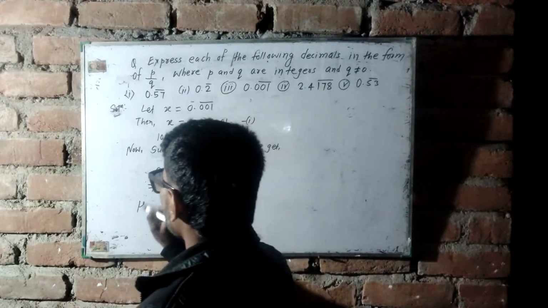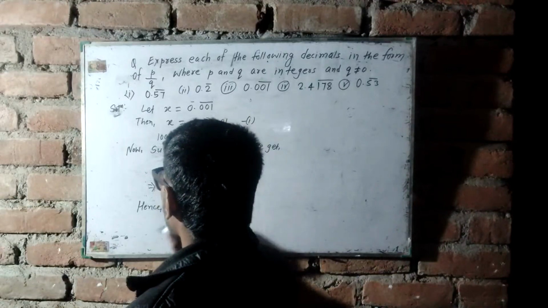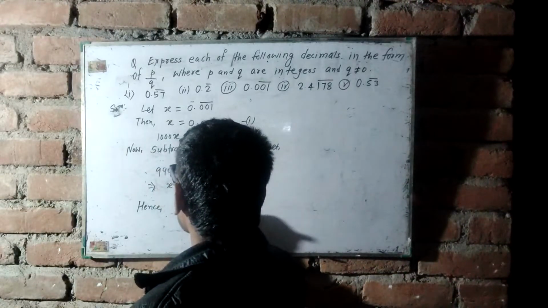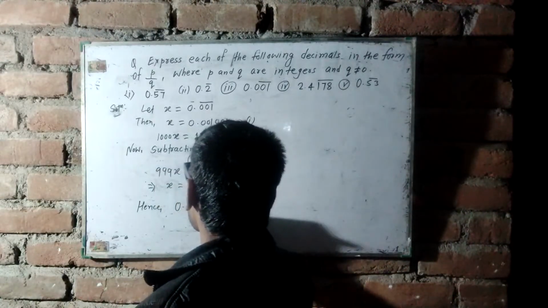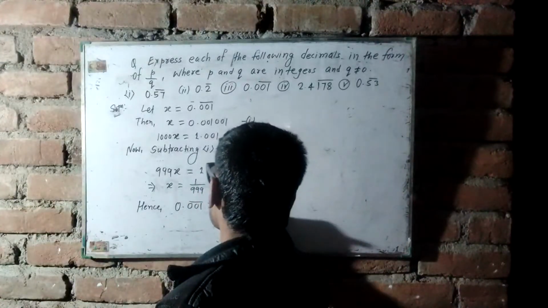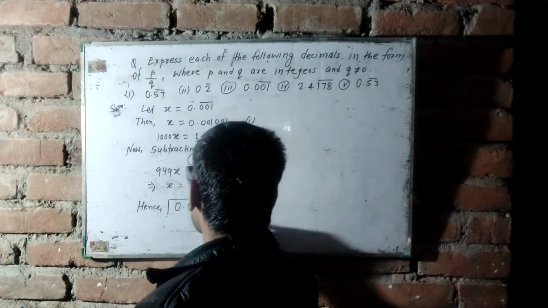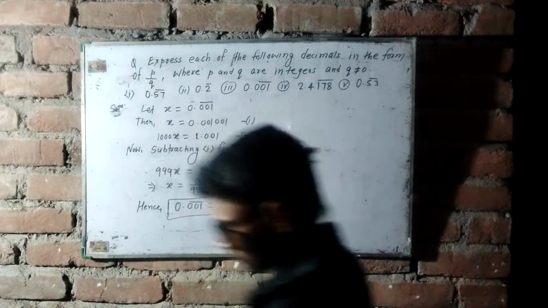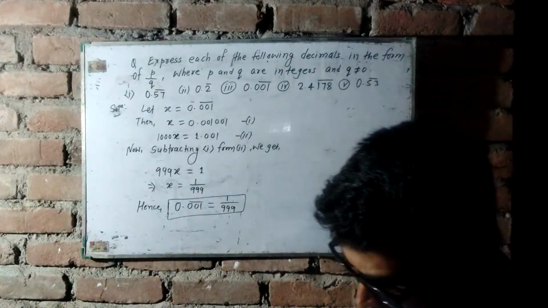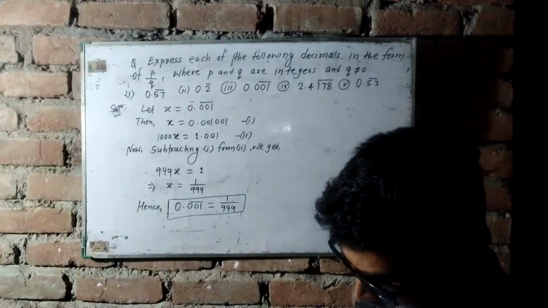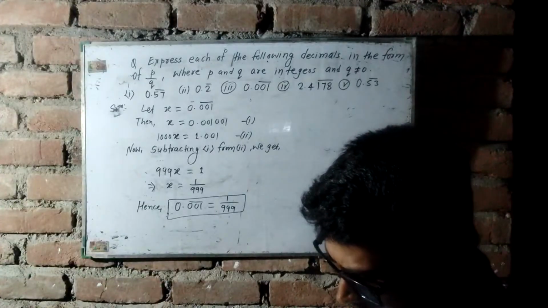Hence 0.001 repeating is equal to 1 upon 999. This is the required answer.